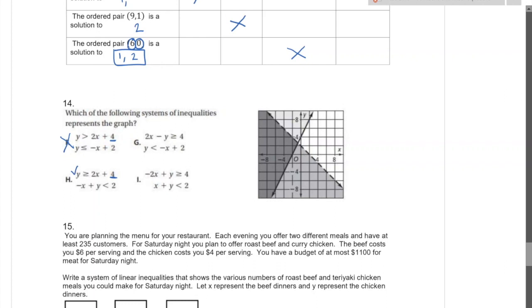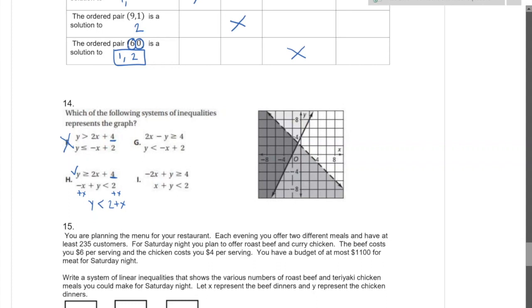The next one has a dashed line, which is good so far, but it doesn't have it in y equals mx plus b. How do I move this x over? Let's add x to both sides. That leaves you with y is less than 2 plus x. So this one has a y-intercept of 2.